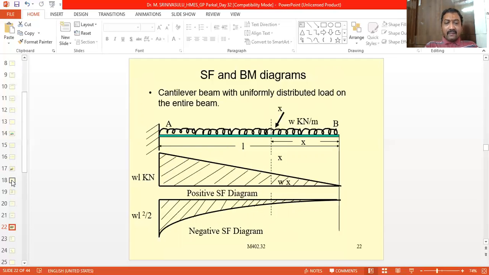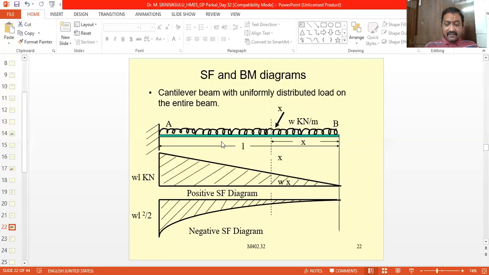Here end A is the fixed end and end B is the free end. Now this is the section. So we are taking the section at this point, XX, and X is the distance from the free end.